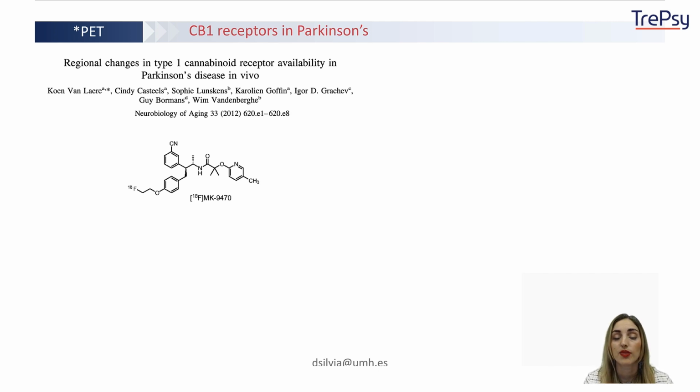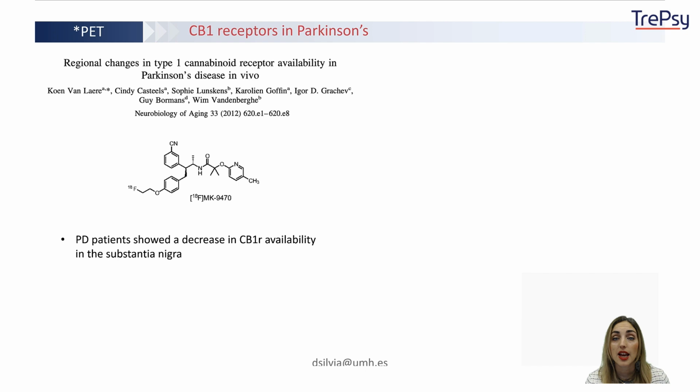And another paper that I would like to discuss in this class is this one, from about 10 years ago, but it's addressing CB1 receptors in Parkinson's, using a fluorine-based tracer.